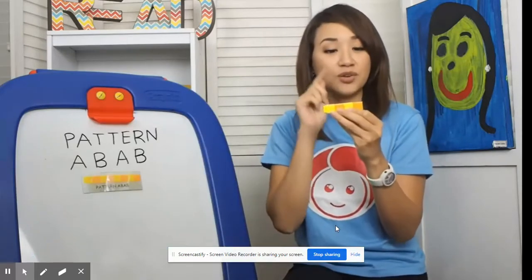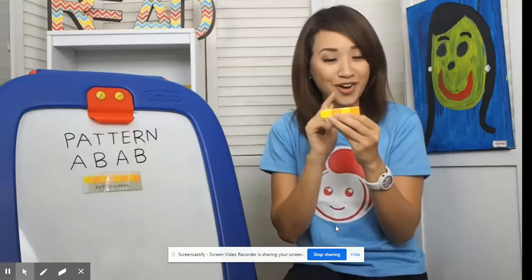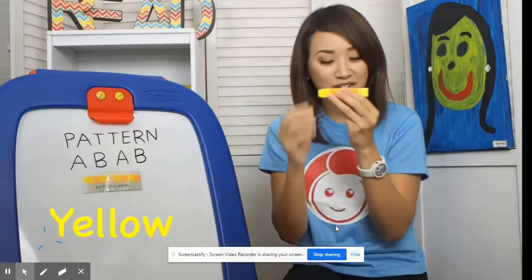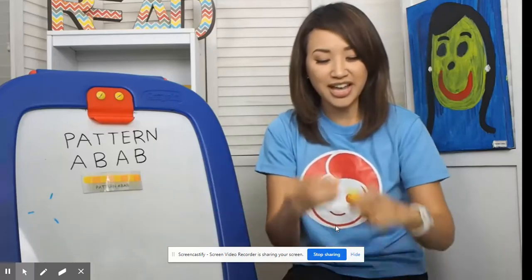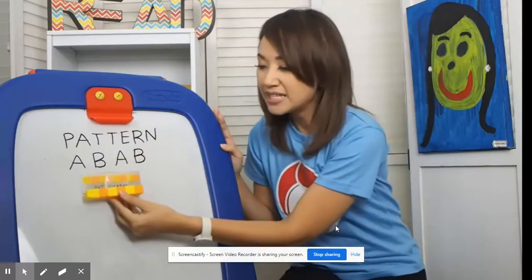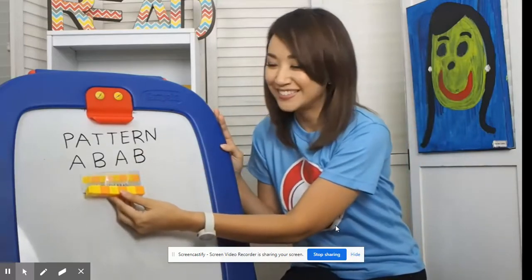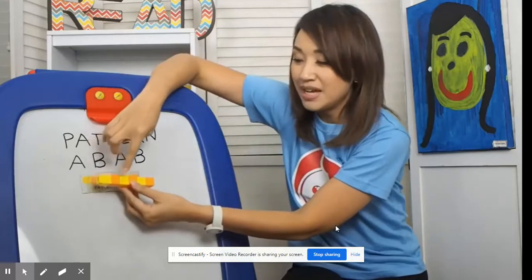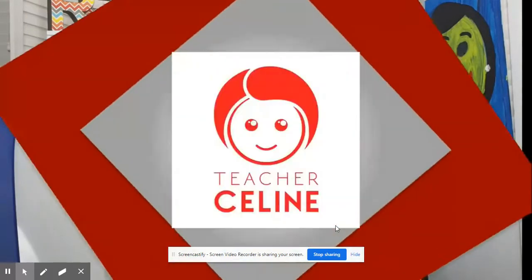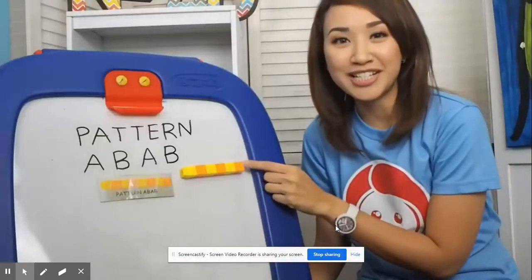Yellow, orange, yellow, orange. What is after orange? Yellow. It was after yellow. Very good. And it's orange. Let's check our pattern. Is it A, B, A, B? A, B, A, B, A, B. Correct. We are done with our first example.